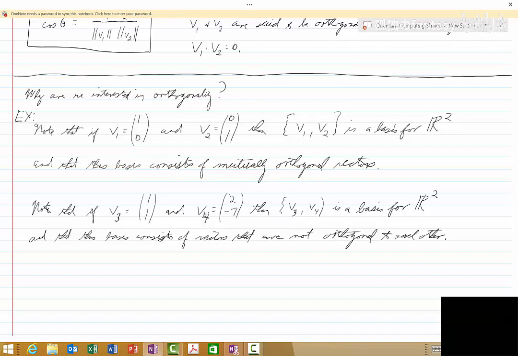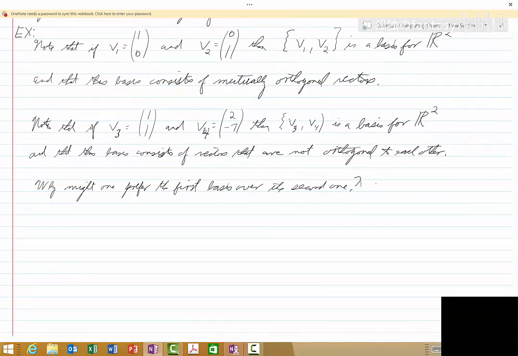So now the question is, why might one prefer the first basis over the second one?